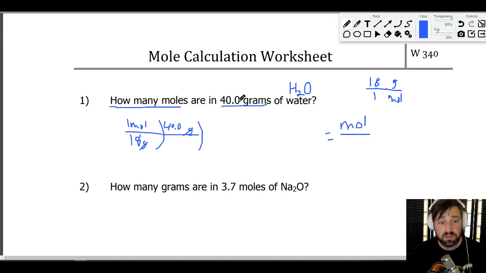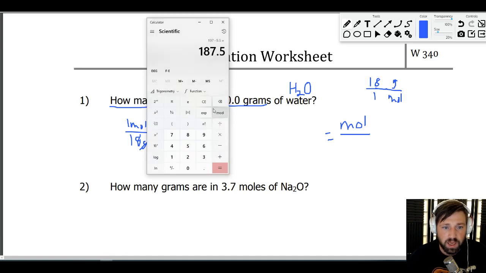And there we go. It's all set up. Grams canceled. We have moles. Moles are there. We're good. So I know that I'm going to take 1 divided by 18 times 40. Or I can just think 40 divided by 18. All right. So let's go through and do that. 40 divided by 18.